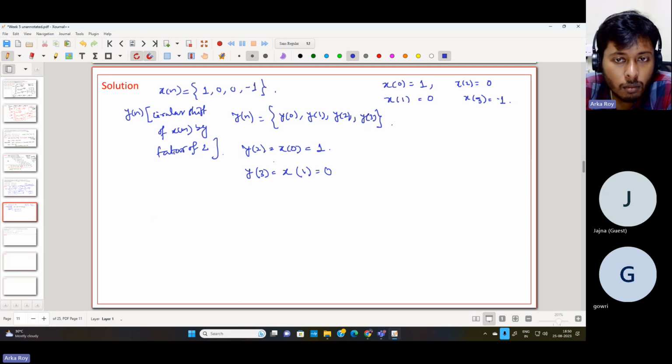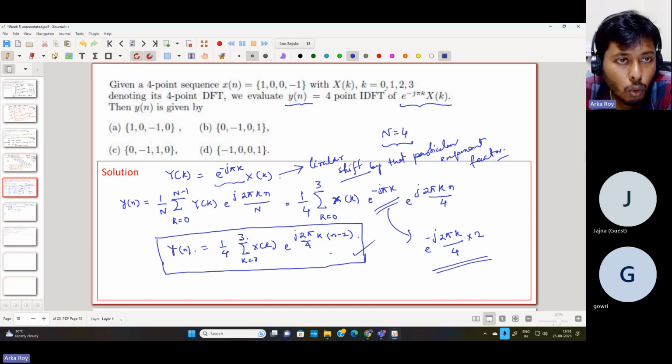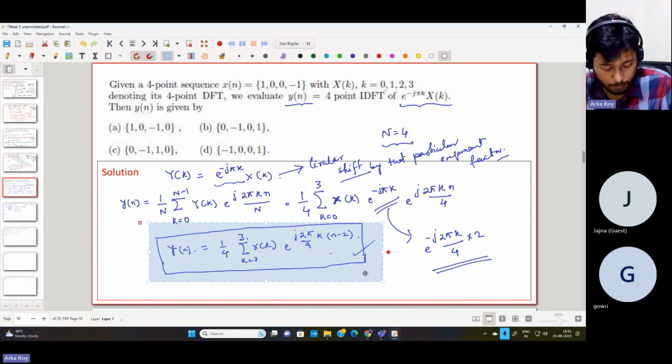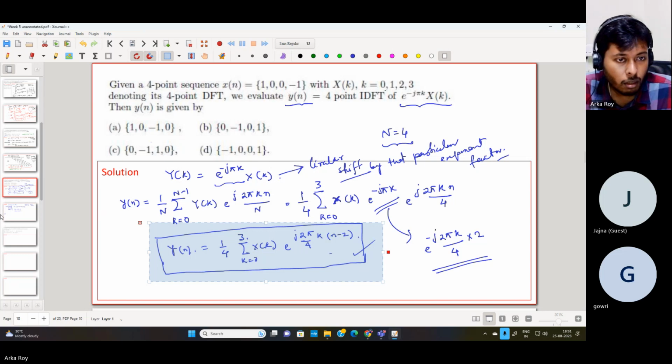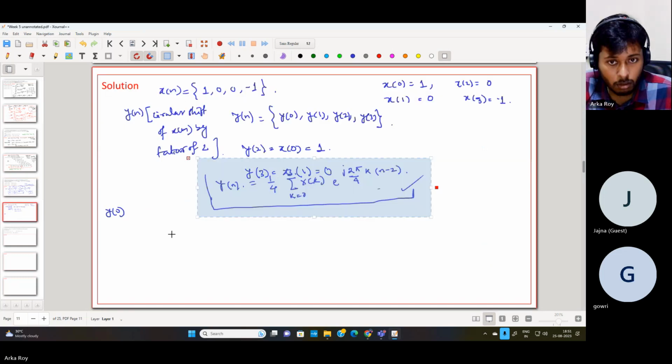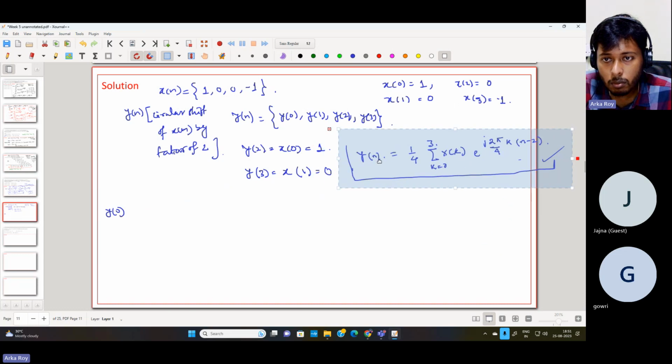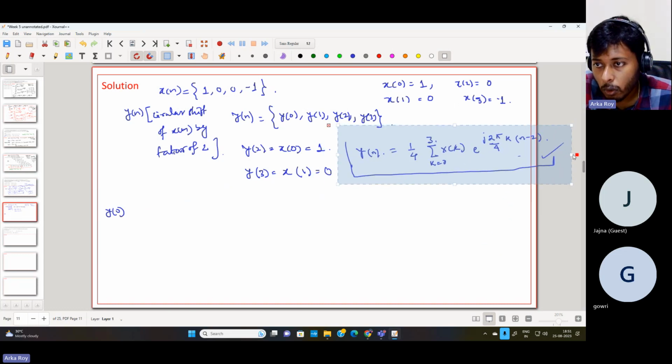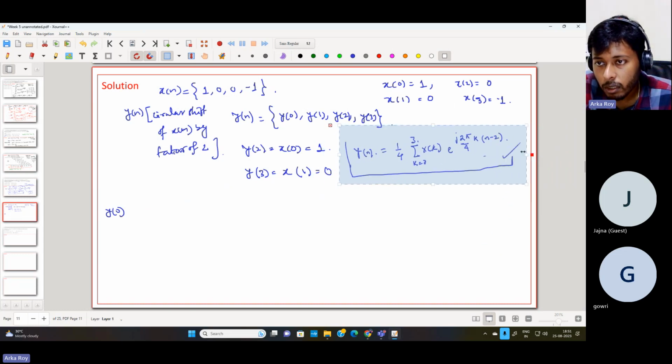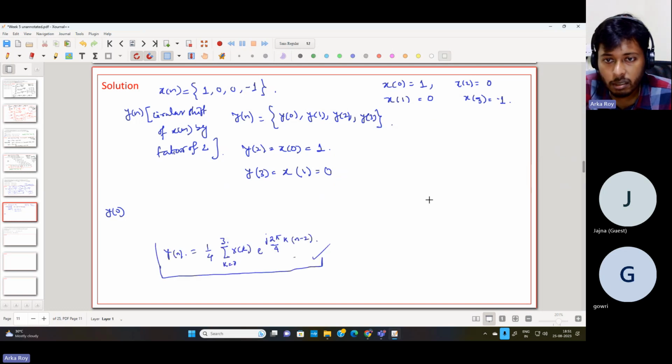Now let us consider y0. I can do some calculation over here. So I can just copy this thing here. So let's copy this part. This is what we have actually got from the last page.